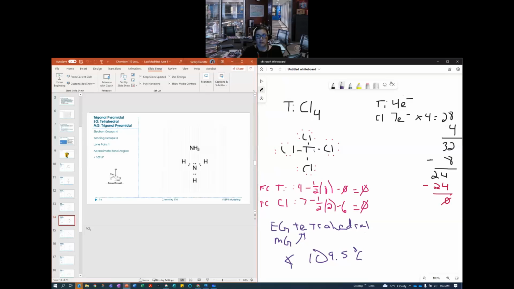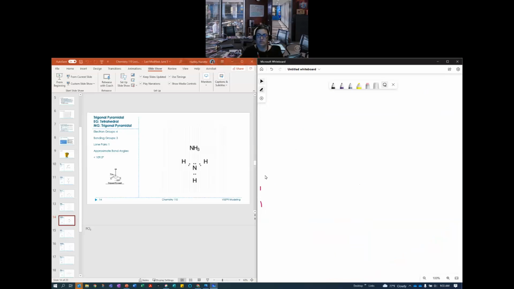So now we're going to move from the structure that we were just looking at to NH3. My nitrogen has 5 valence electrons. Each hydrogen has 1.